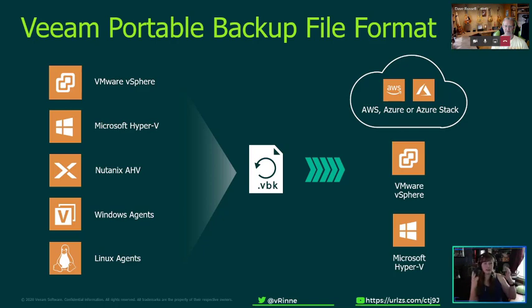So not only do we take all of the infrastructures, whether it's vSphere, Hyper-V, Nutanix, and then our physical machines, our Windows and Linux machines, we format them all into this familiar VBK file. And then we have our incrementals and whatever, but it's the same file format, and we give it the same ability to restore across the board.